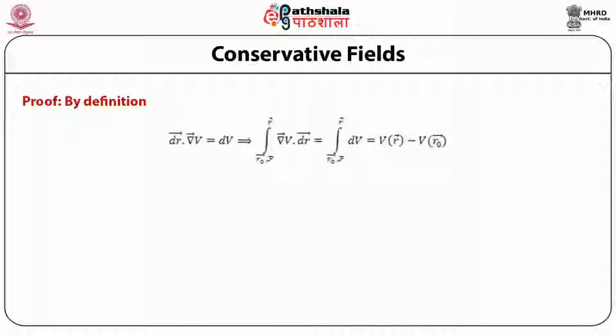Proof: by definition, dr·∇V is equal to dV, which implies that the integral from r₀ to r of ∇V·dr is equal to the integral from r₀ to r of dV, which is further equal to V(r) − V(r₀).